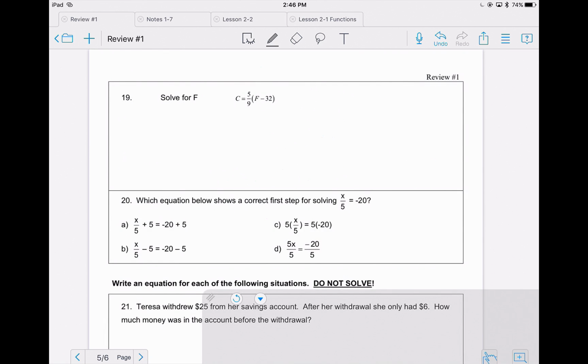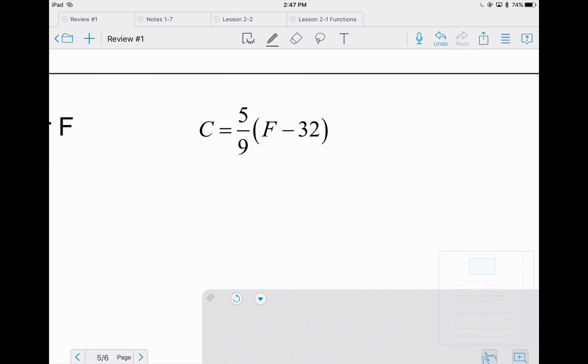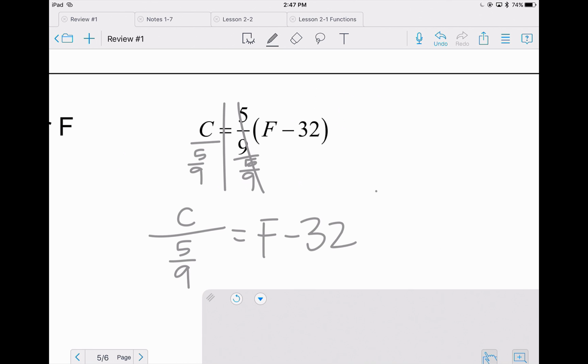Problem 19, they ask us to solve for F. So the first thing I'm going to do, because the parentheses are what I need to deal with last, I'm going to divide by 5/9 first. So C divided by 5/9 equals F minus 32.